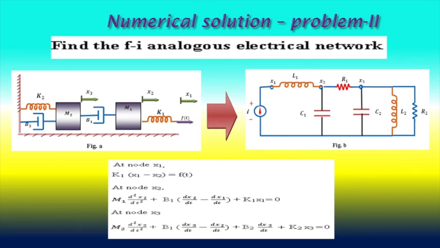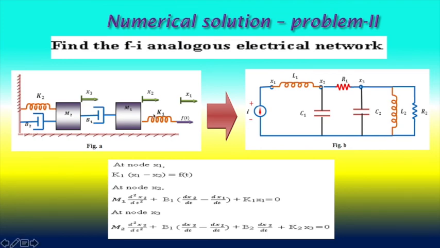The inductance L1 is common between nodes x1 and x2, analogous to the spring K1, which is common between x1 and x2 in the mechanical system. The second node x2 connects inductance L1, resistance R1 and capacitance C1. The third node connects resistance R1, capacitance C2, inductance L2 and resistance R2. Then draw the FI analogous electrical network shown in figure B.